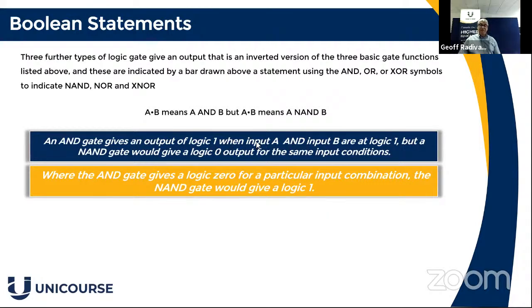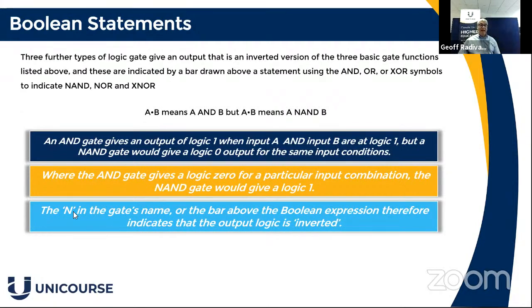And if you've got, like, 3 inputs and it's an AND gate, all the inputs must be at 1. And where the AND gate gives that logic 0, so therefore if you've got the 2 ones on the input, we'll look at that a bit later on, and you'll find that you'll get the inverse, which will be a 0.